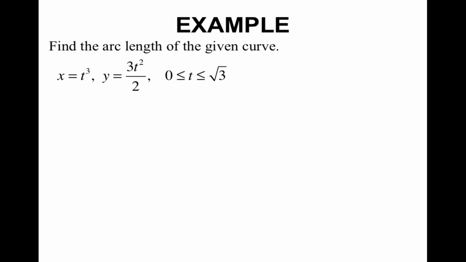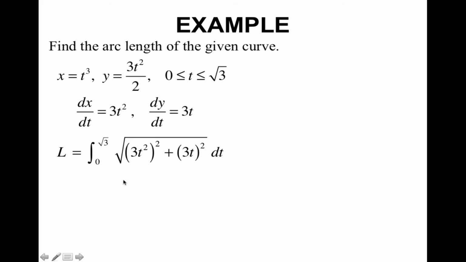We want to find the arc length of the given curve, x equals t cubed and y equals 3t squared over 2, where t is between 0 and the square root of 3. So first thing I'm going to do is take the derivative: dx dt is 3t squared. Derivative dy dt gives me 3t.